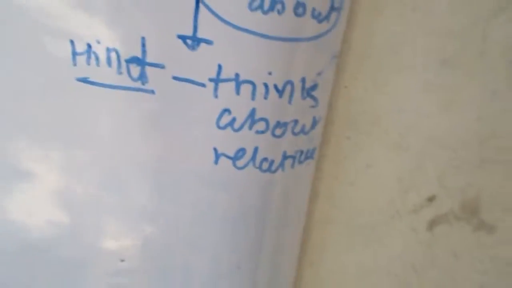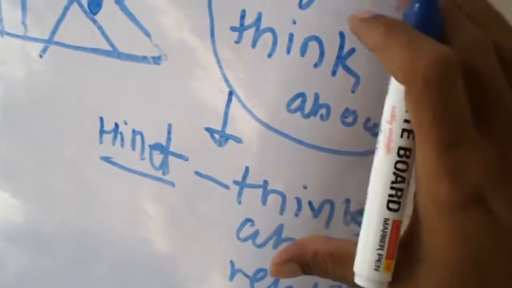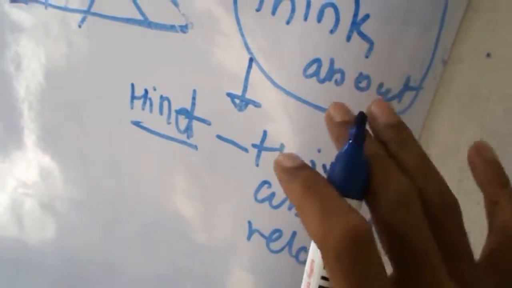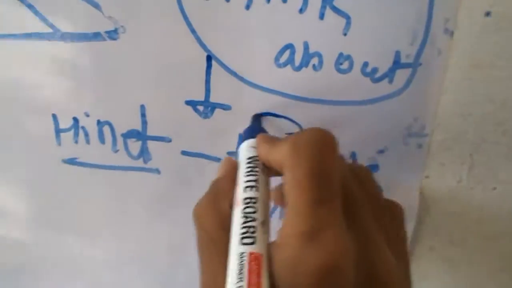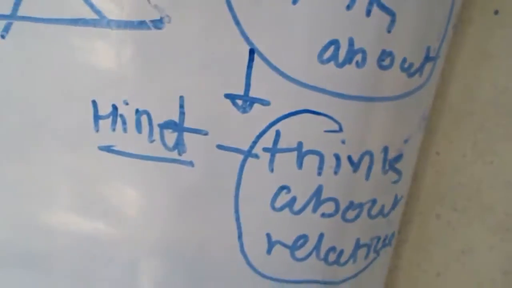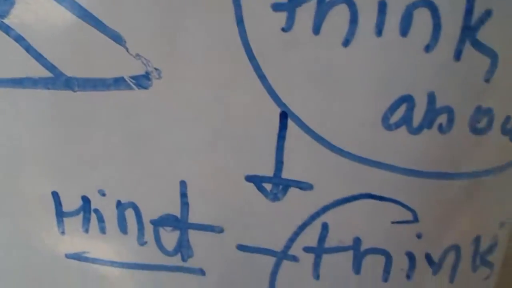And from me, I don't think any further explanation will be required. Think about relative motion. You have to think. It may take 3 days, 4 days, 5 days. It is okay, but you should think about it.